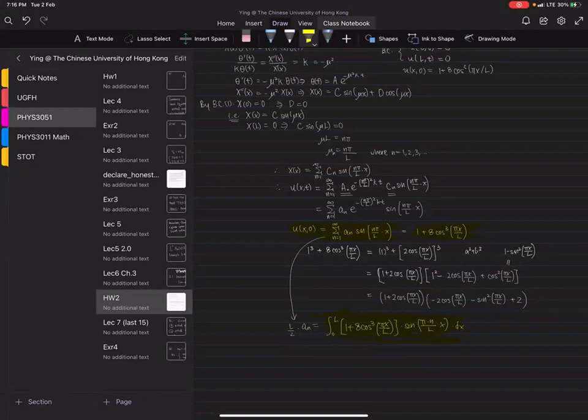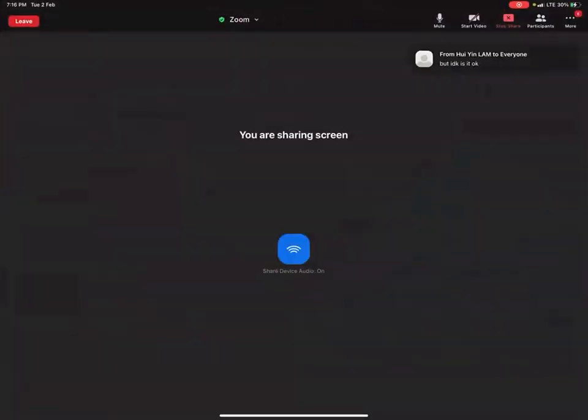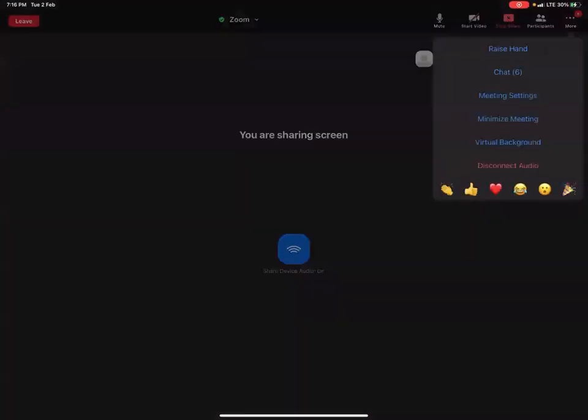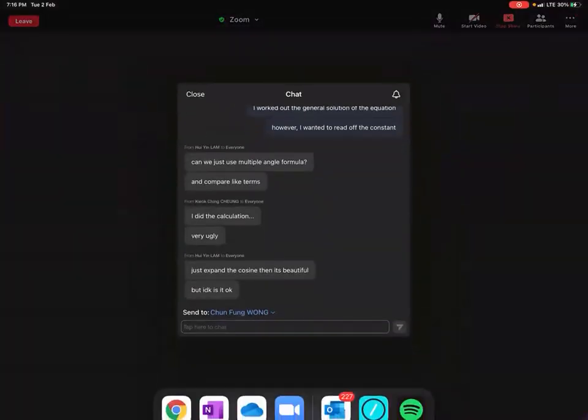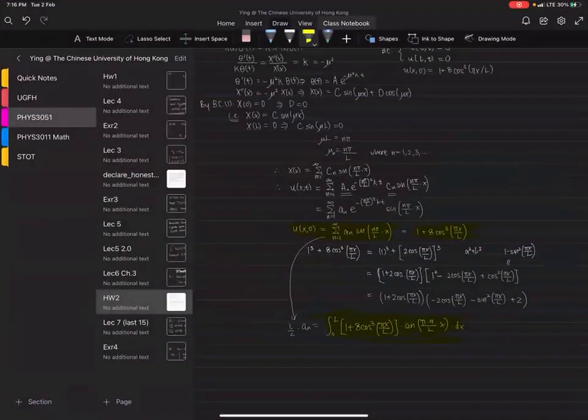Maybe I can just give you some hints. Just expand the cosine. Yes, it can be decomposed in terms of the cosine function.